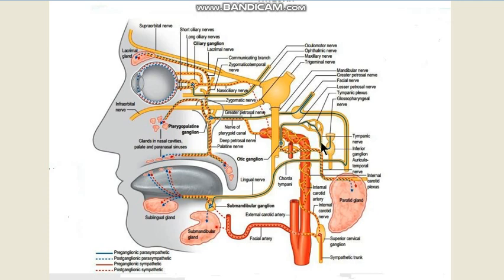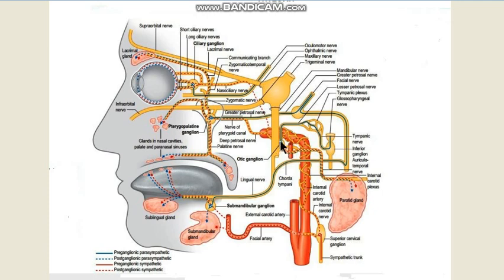And this tympanic branch rises up, enters the petrous part of the temporal bone and forms a plexus on the wall of the middle ear, which is called the tympanic plexus. From the tympanic plexus you have the exit of a nerve called the lesser superficial petrosal nerve. This nerve comes out from the petrous part of the temporal bone and goes on medial to the neck of the mandible to relay in the otic ganglion.